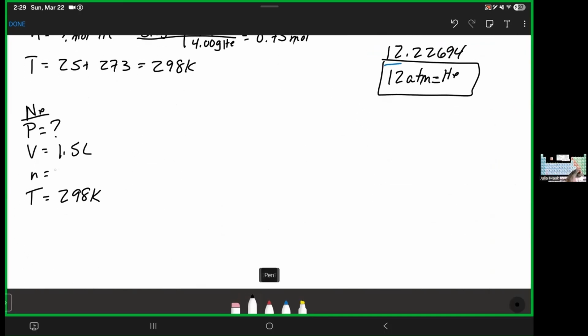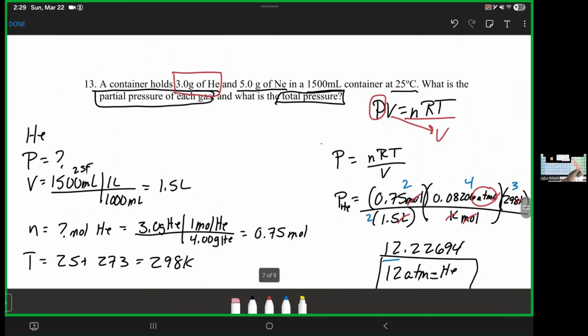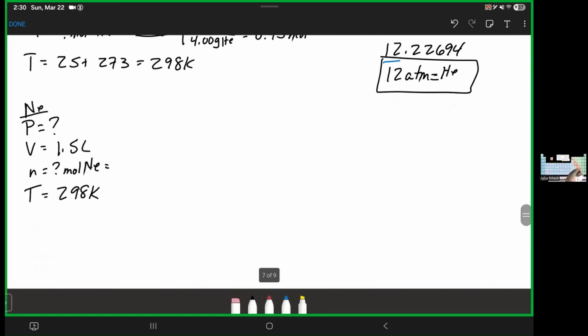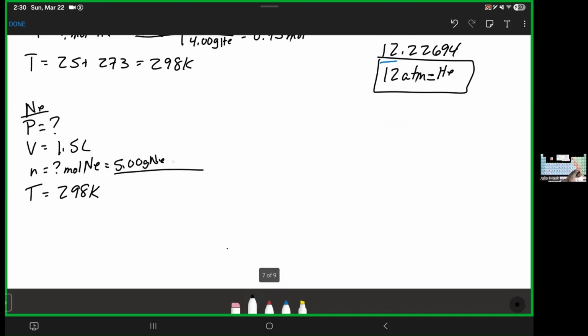Okay, my number of moles, I want to know how many moles of neon. And they told us we had 5 grams. So my 5 grams of neon, and our molar mass on the periodic table is 20.18.